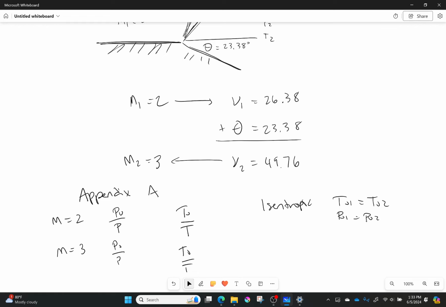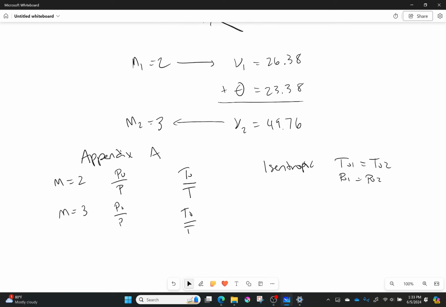Okay, so let's go to Appendix A and get all of those values. I'm going to pull it up on a different screen so I can write them down more easily. So for a Mach number of 2, it's 7.824.